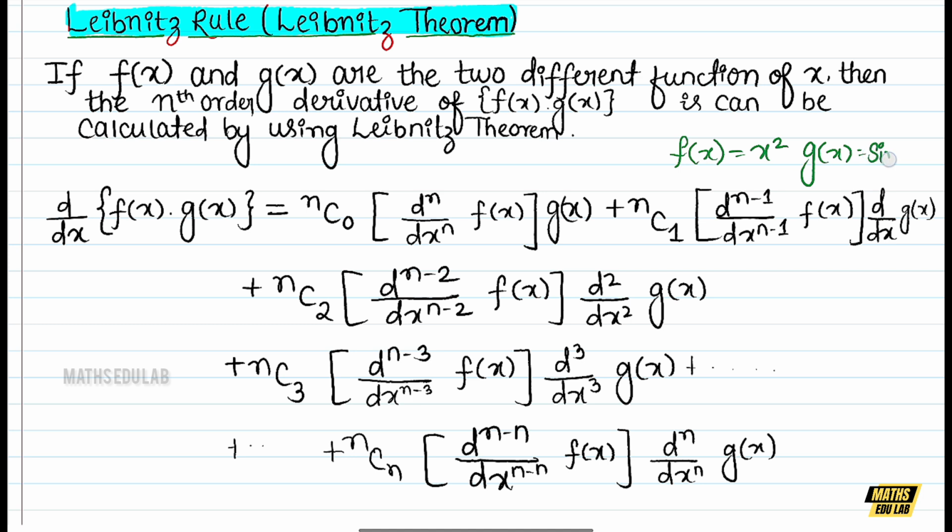These two functions will be given to us, and by using the Leibniz theorem, we can find the nth order derivative of the particular function. So what is the Leibniz theorem's formula?